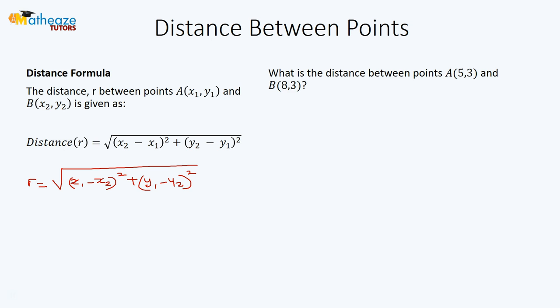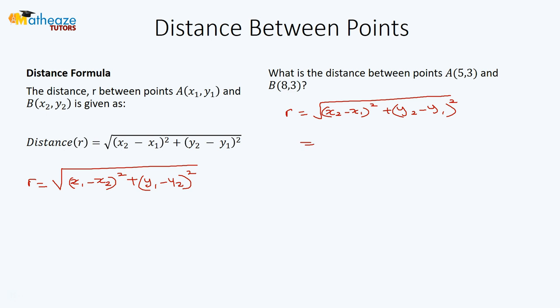So find the distance between points A (5, 3) and B (8, 3). So we're going to have our formula. R is the square root of (x2 minus x1) squared plus (y2 minus y1) squared.